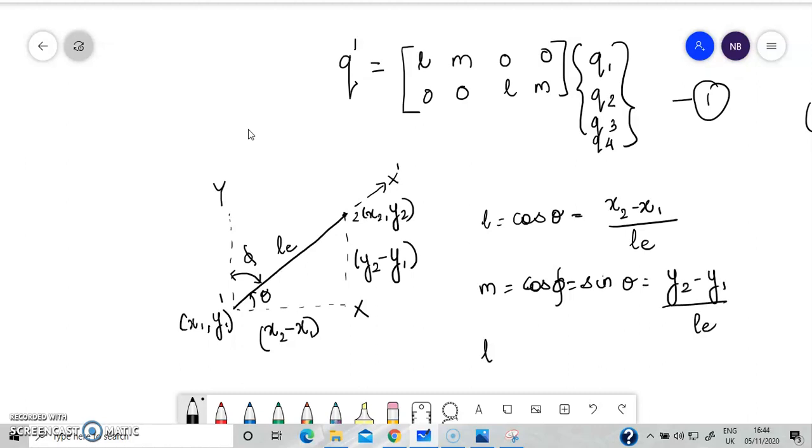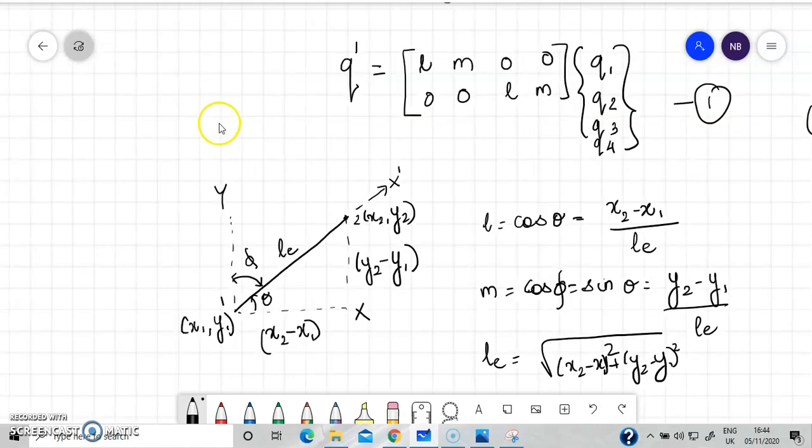And the length of the element will be given by under root x2 minus x1 the whole square plus y2 minus y1 the whole square. So these expressions are required to obtain the data while solving problems.